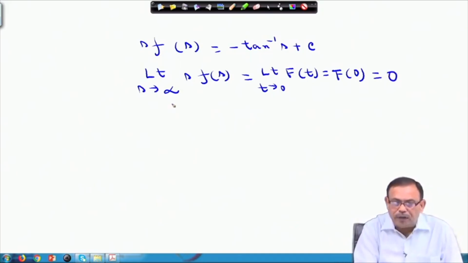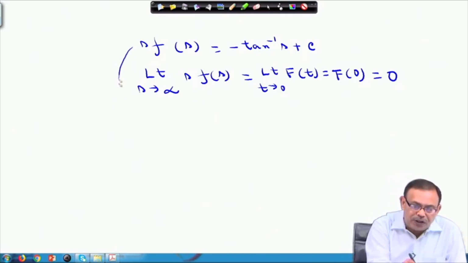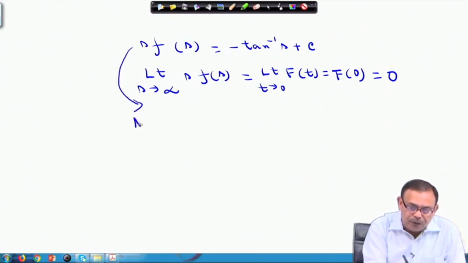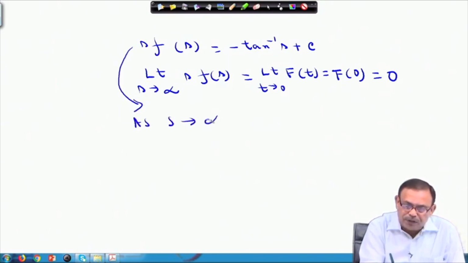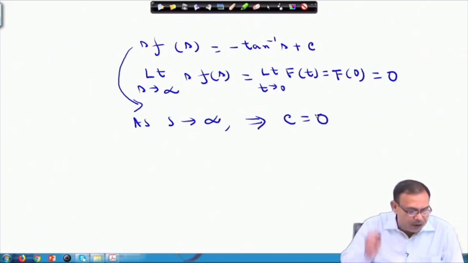In other words, whenever s approaches infinity, your s F(s) is 0. Once I substitute s approaches infinity over here, this value turns to 0, so you can say from here that c equals 0.